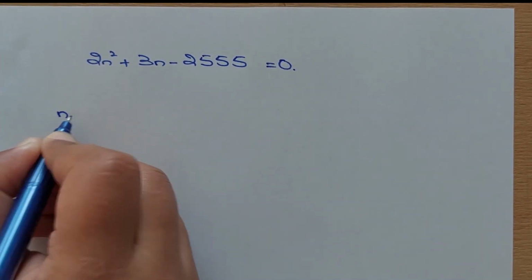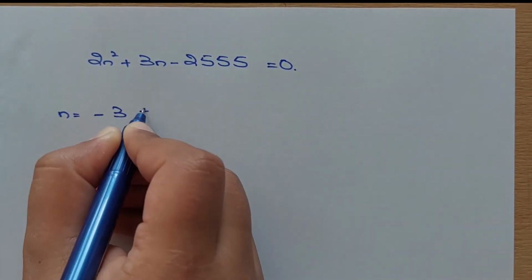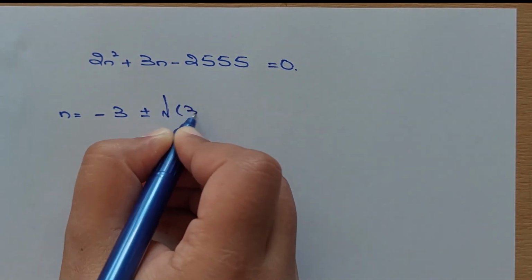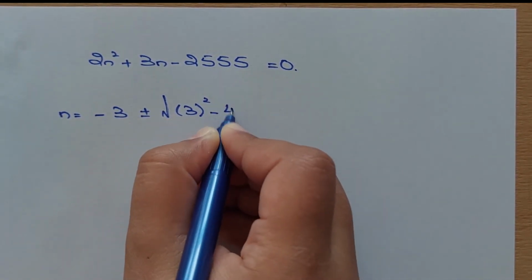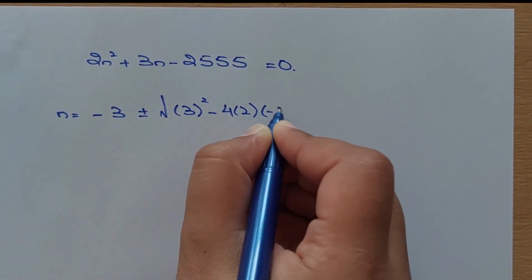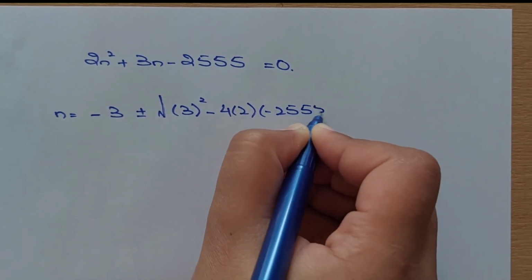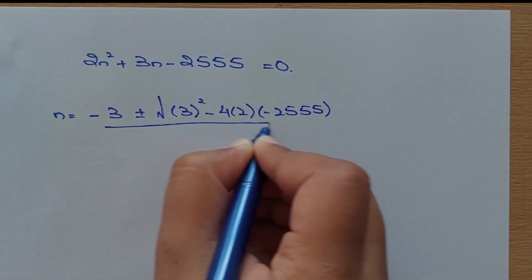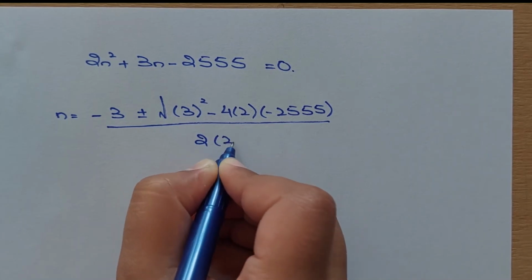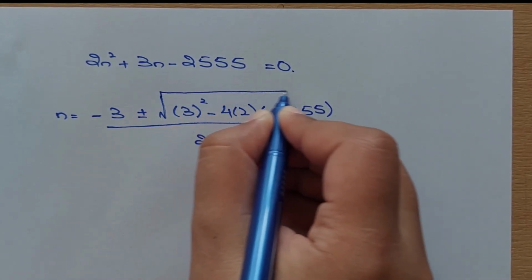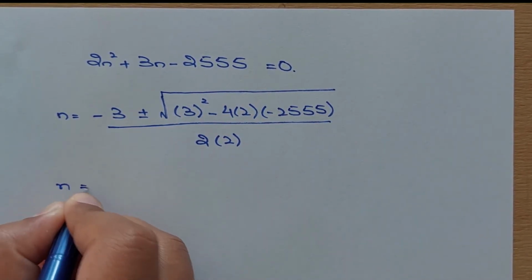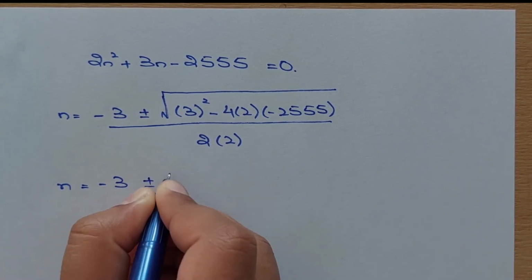So n is equal to negative 3 plus minus square root of 3 square minus 4 times 2 times minus 2555, divided by 2 times the a value, that is 2.